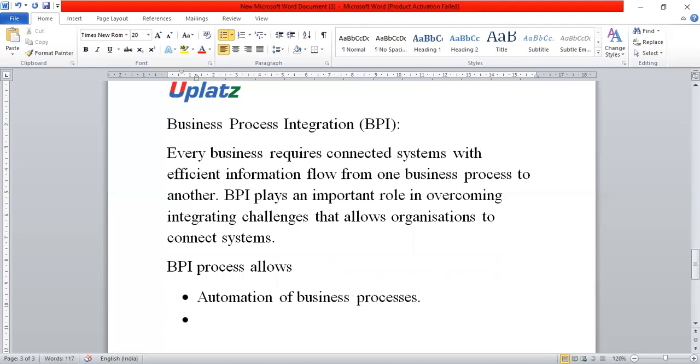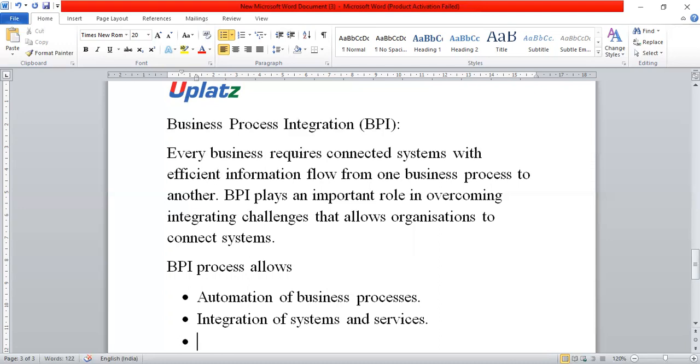Next advantage is integration of systems and services. With the help of BPI only, different departments have integration among themselves.